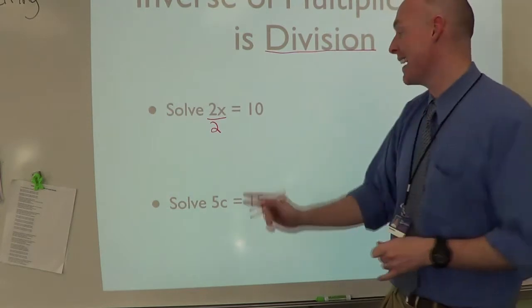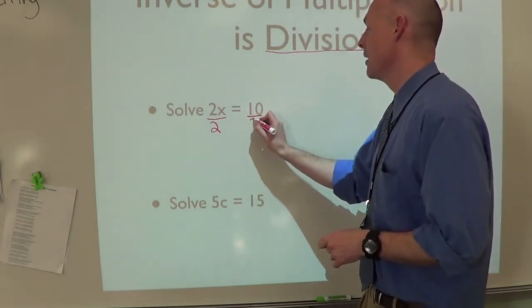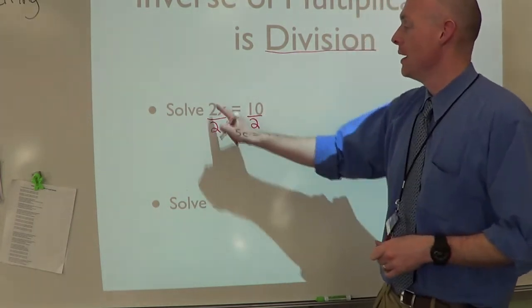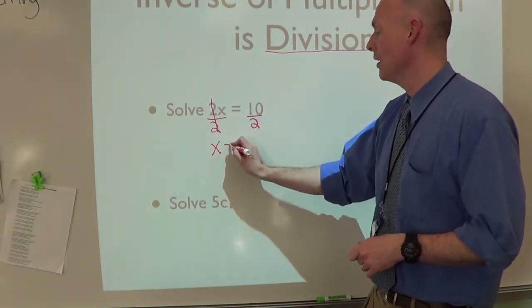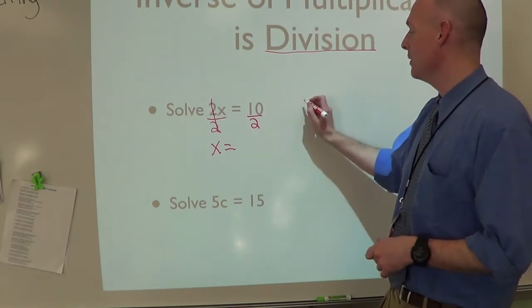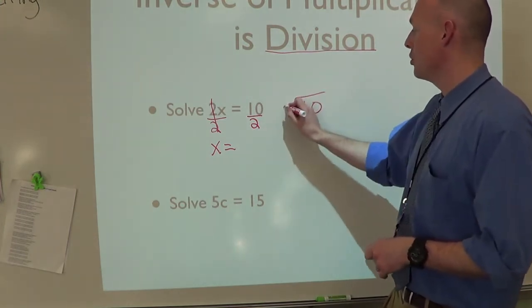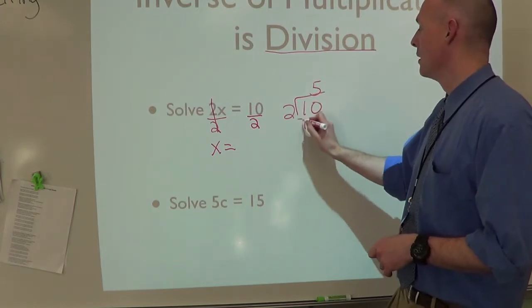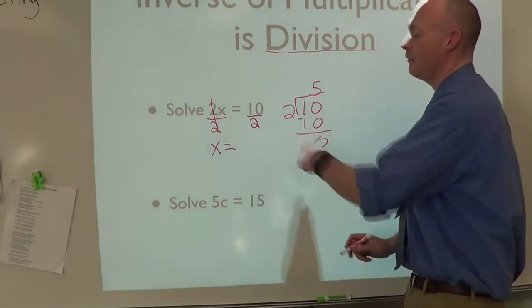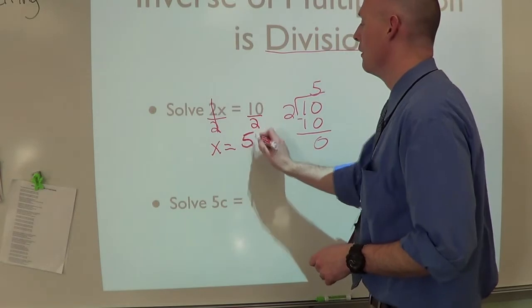And what you do to one side, you got to do to the other side. Divide by 2. These two will cancel each other out. X will equal 10 divided by 2. 10 divided by 2 is 5. So therefore, x will equal 5.